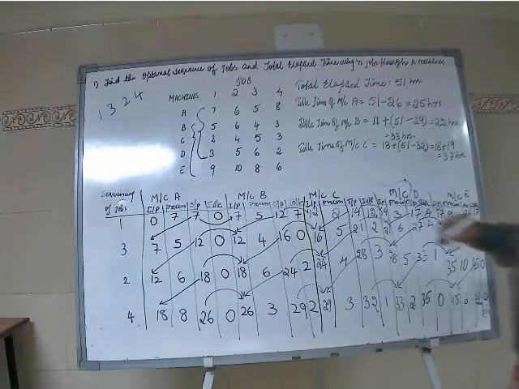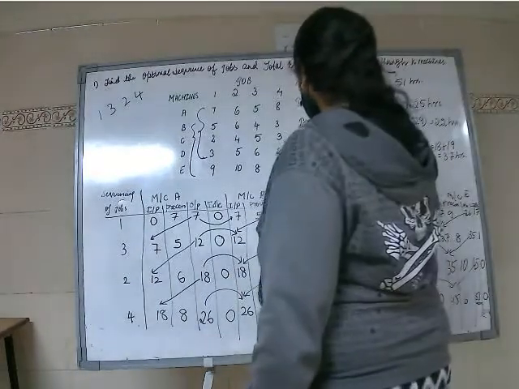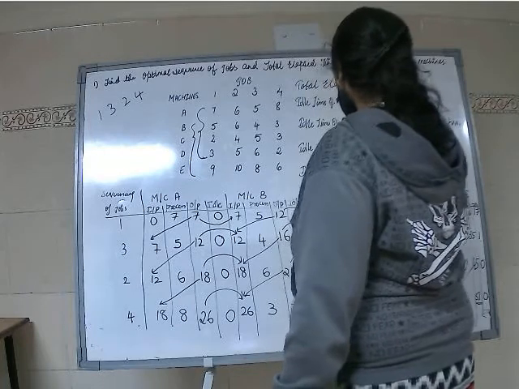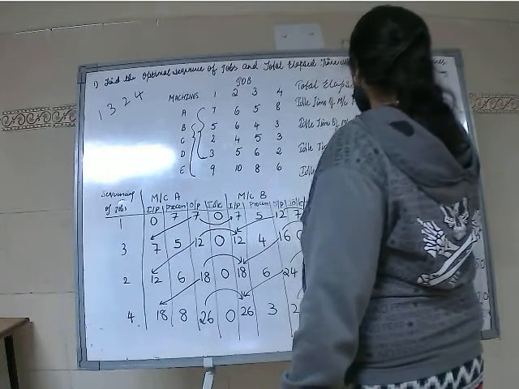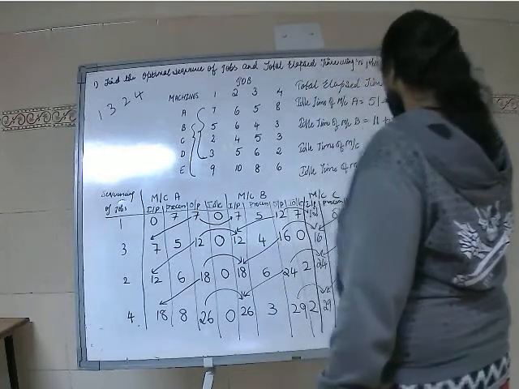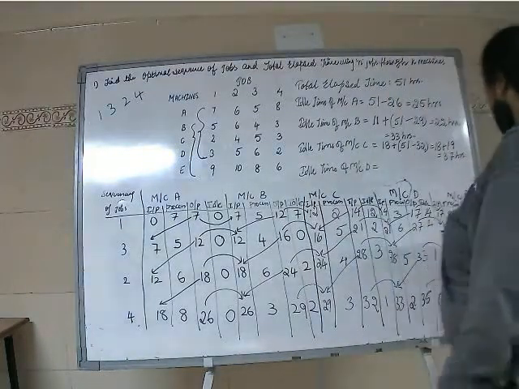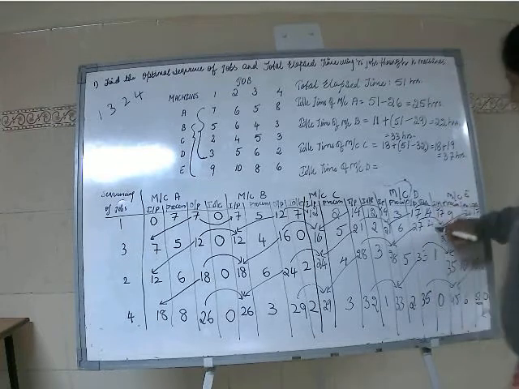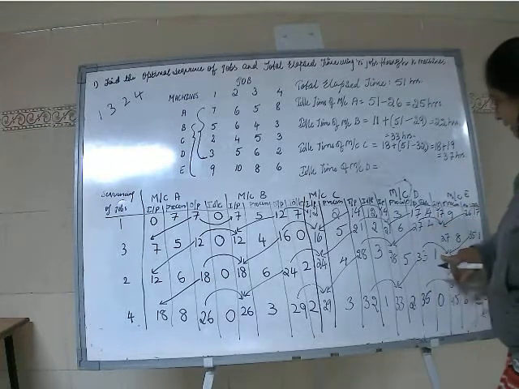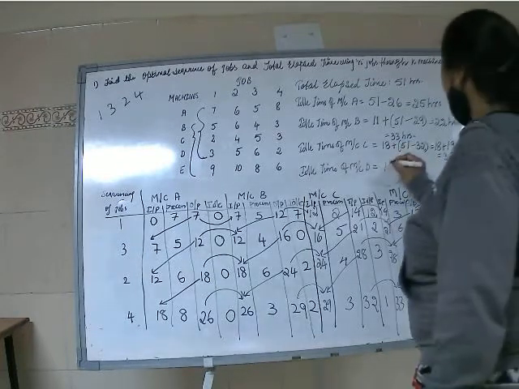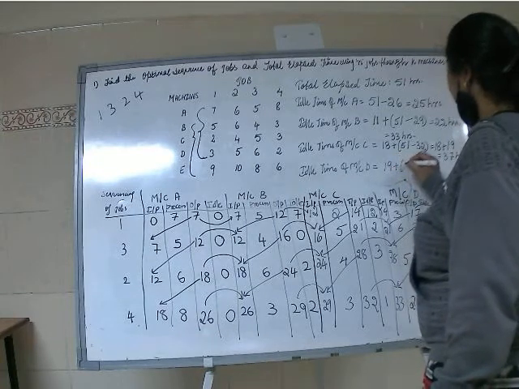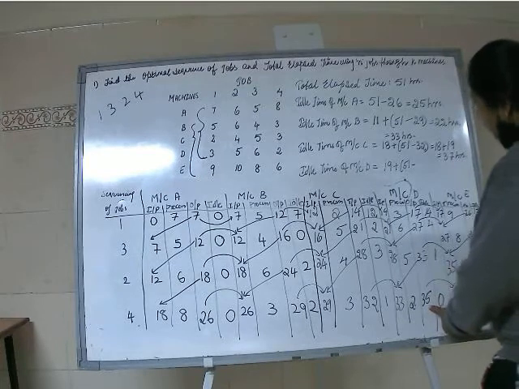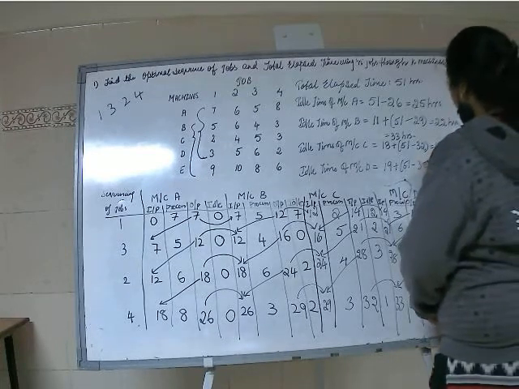Okay students, then next, idle time of machine D is equal to, what is the idle value we will get when we sum up? 14 plus 4 is 18, 19. So 19 plus 51 minus, what is the last output? 35.